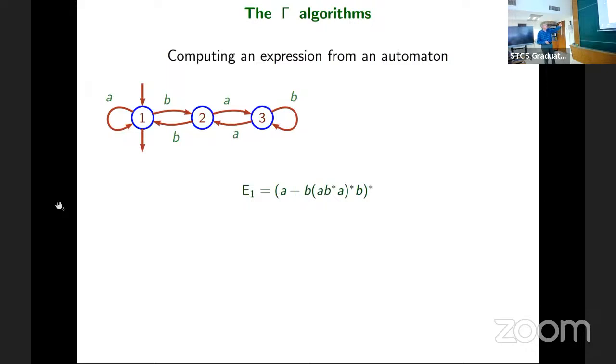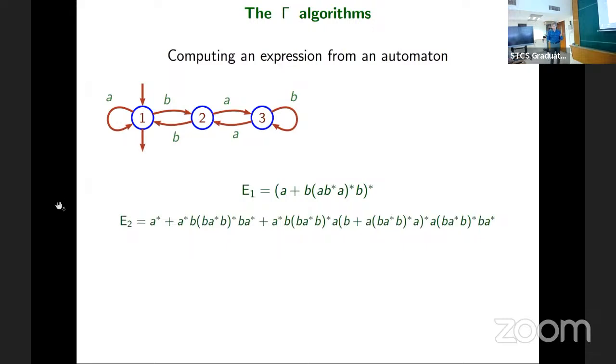And if you compute a regular expression from this automaton, this is one possible result, and this is another possible result. So you see that expressions can be very different, both in length, which would be somehow size or complexity, and also in how they look.